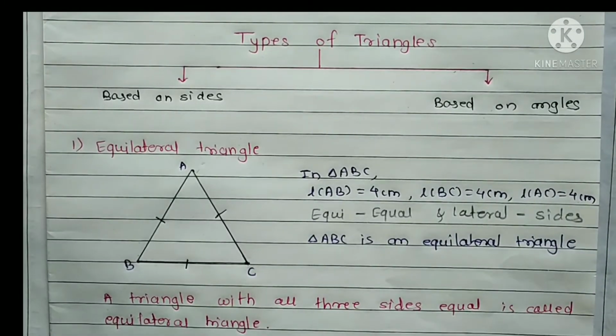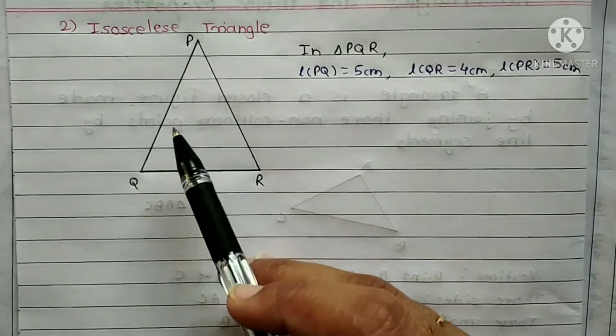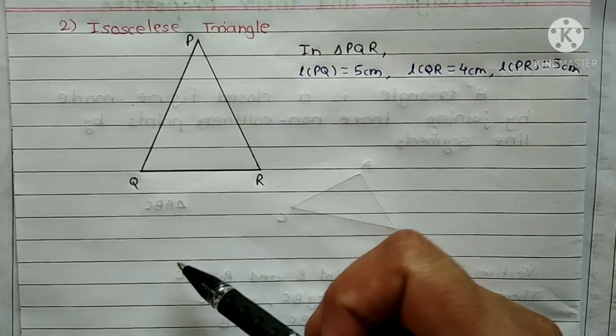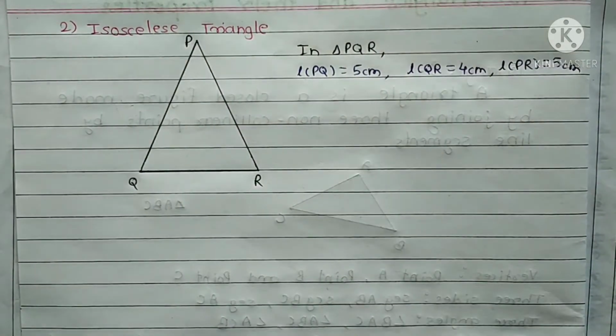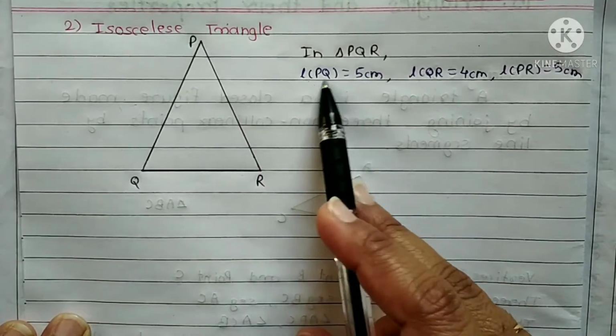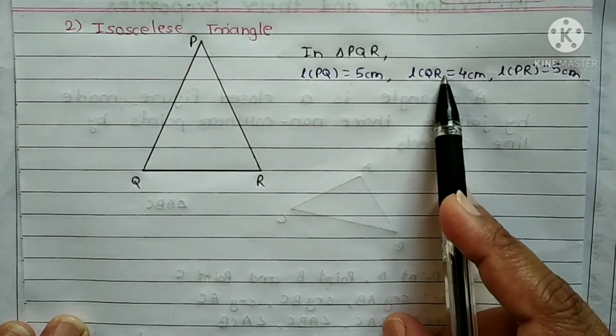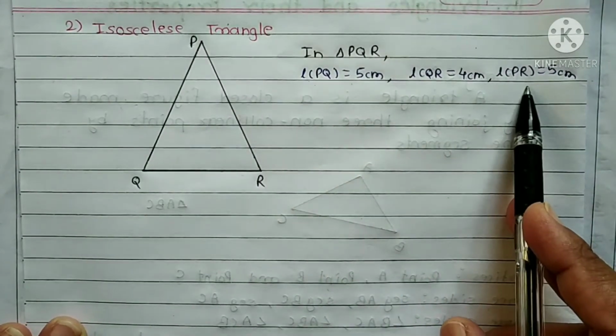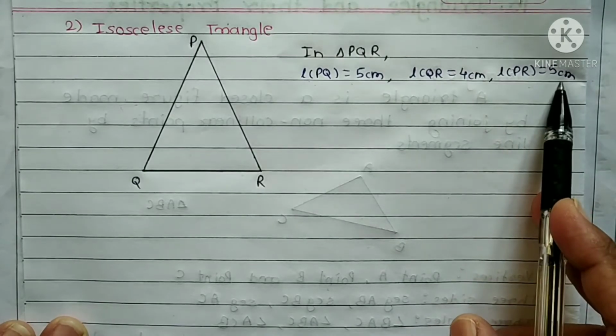Now see the next type. Next type of a triangle is a triangle which has two sides equal. See this diagram. In triangle PQR, length PQ equal to 5 cm, length QR equal to 4 cm and length PR equal to 5 cm.